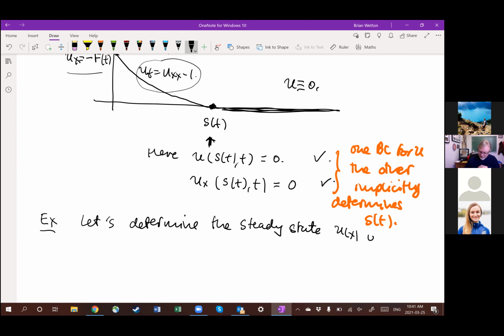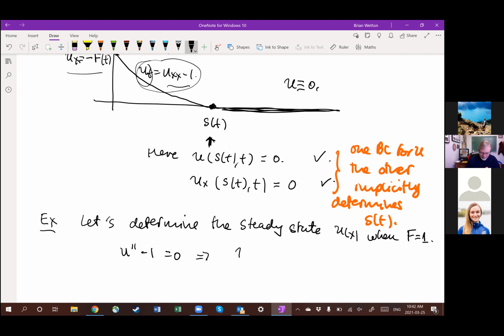U of X when F is equal to 1. So I'm going to have U double prime. I'm going to have the equation without time dependence. This is a real steady state, not one of our time harmonic limiting solutions. It really won't depend on time. So I'm going to have U double prime minus 1 is equal to 0.